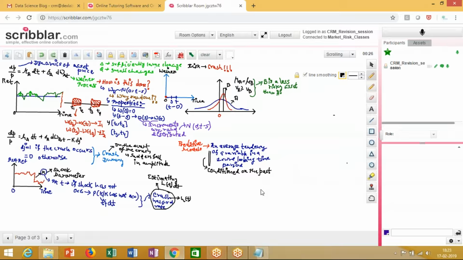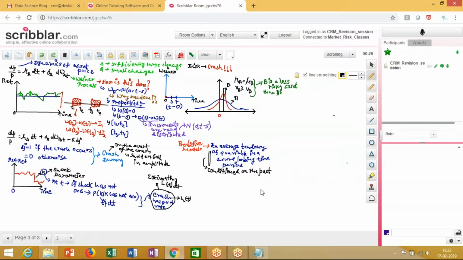So if I'm trying to predict this, the next question is how do I represent the average behavior in a stochastic framework? How do I model these average tendencies?